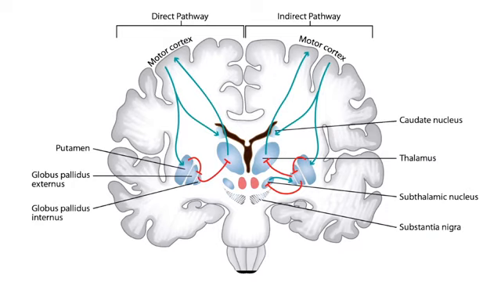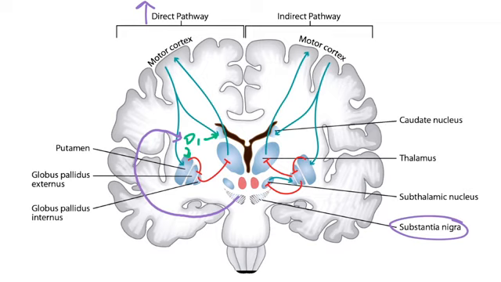So the nigrostriatal pathway can stimulate the D1 receptors to stimulate the excitatory pathway. There are D1 receptors in the caudate and the putamen. So the substantia nigra on both sides will stimulate the direct pathway by stimulating the D1 receptors, which causes increased activity of the direct pathway.